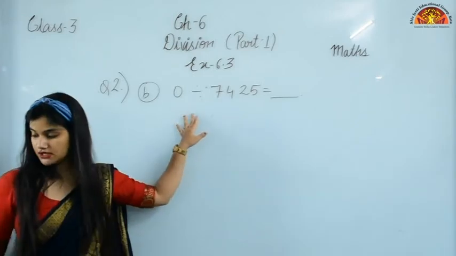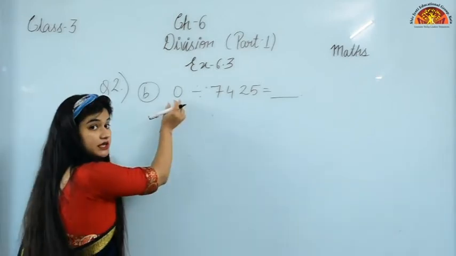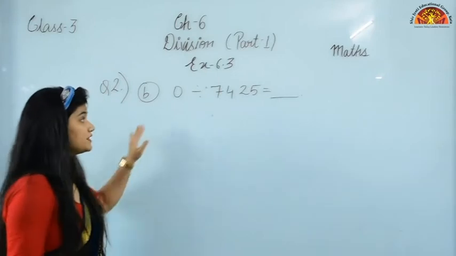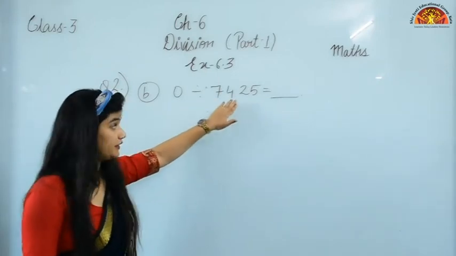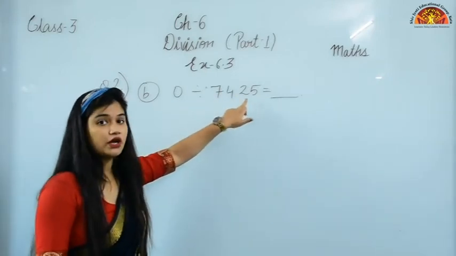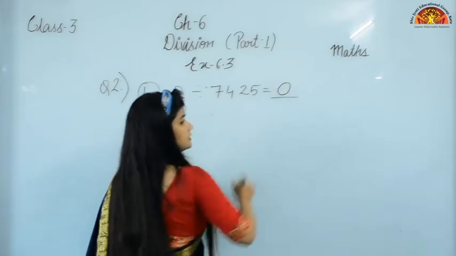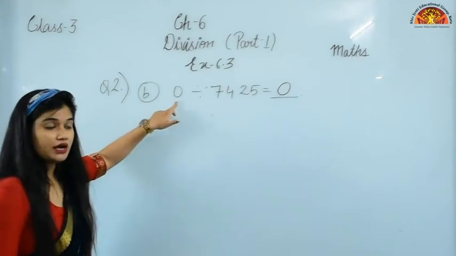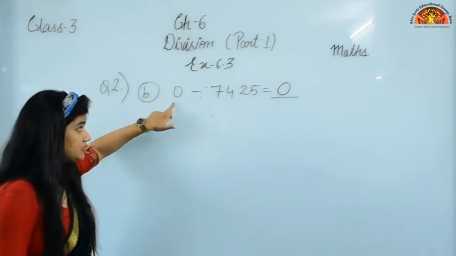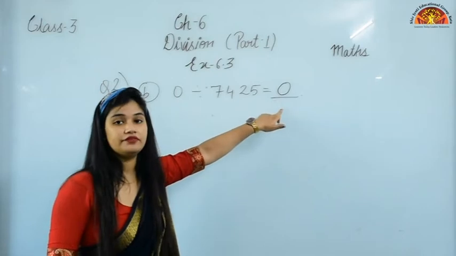So students, just look here. Now we are dividing 0 by this number, 7425. So what will be the answer? The answer will be 0, because here 0 has come as the dividend. If you divide 0 by any number, your answer will be 0.